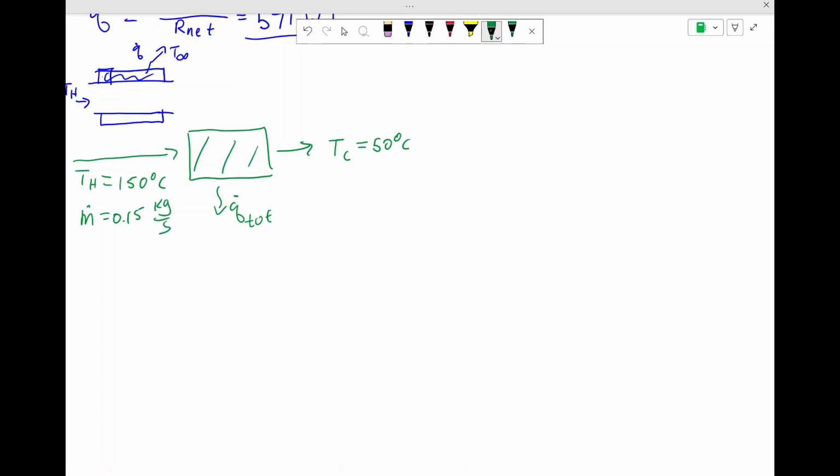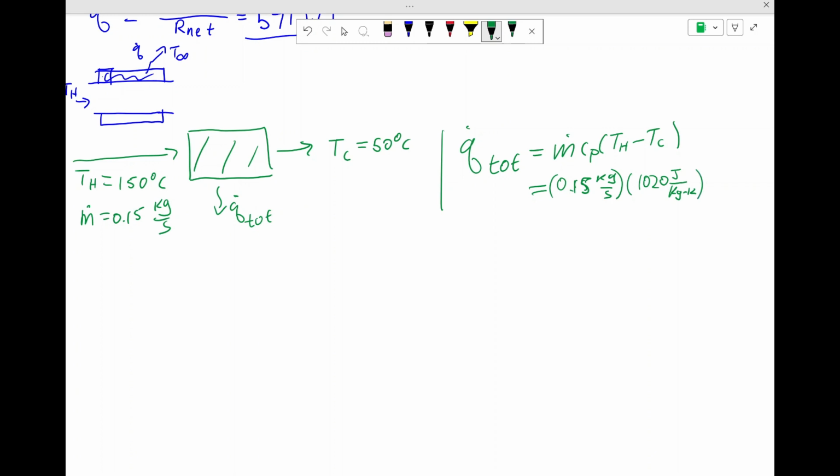So when we plug that in, we get that Q total ought to be M dot CP TH minus TC. M dot is 0.15 kilograms per second. Let's say specific heat of air is about 1020 joules per kilogram K, depending on the exact temperature, but let's just approximate it there. And then we have a delta T of 100 degrees. So when we put that in, we get our total Q is about 15.3 kilowatts.